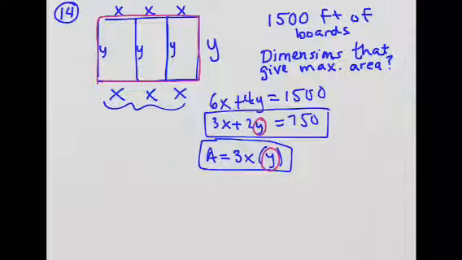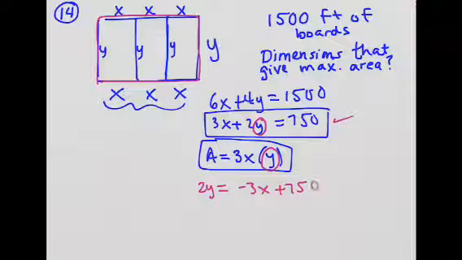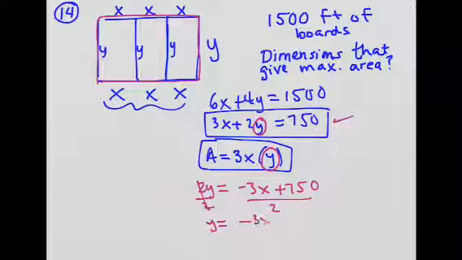So let me subtract 3x from both sides of this equation. So I get 2y equals -3x plus 750. Then I'm going to divide by 2. So I get y equals -3x over 2, and I'm just going to separate them because I noticed that I can divide 750 by 2, so it's going to give me 375.